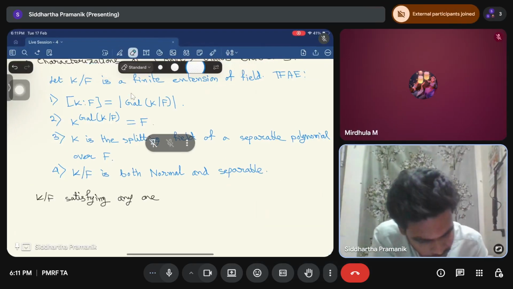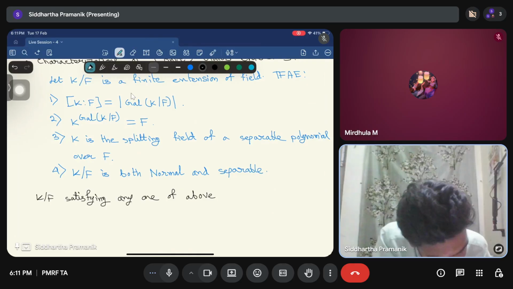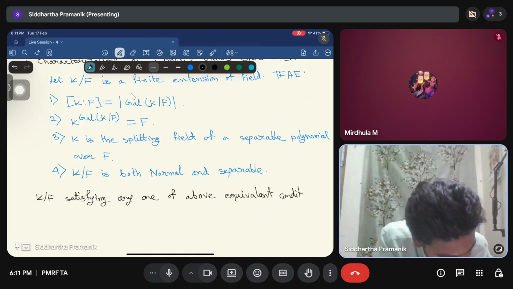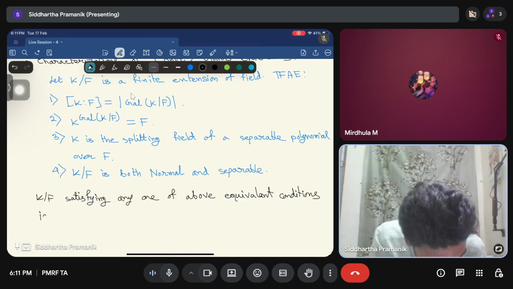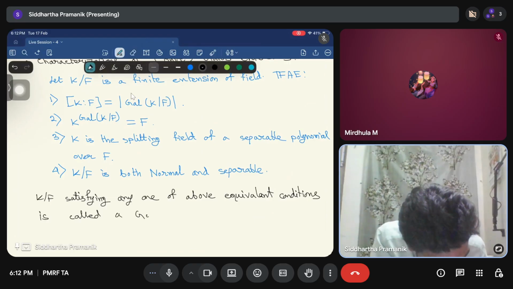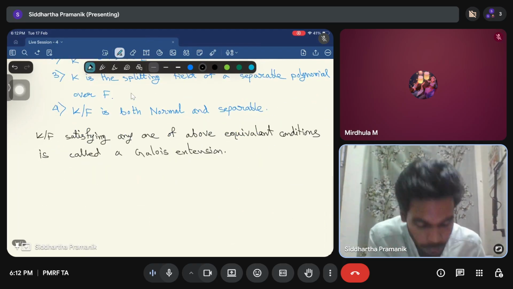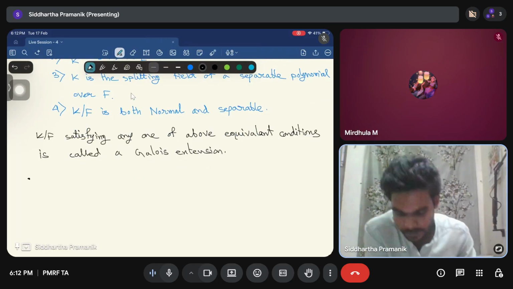K over F satisfying any one of the above equivalent conditions is called a Galois extension. So these are the characterizations, and we have seen some consequences of this result also.